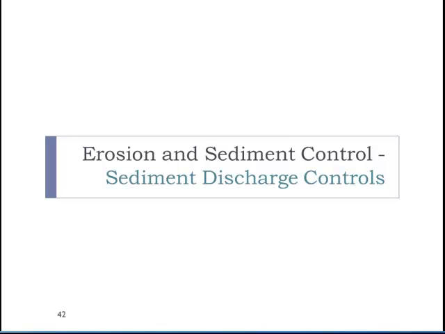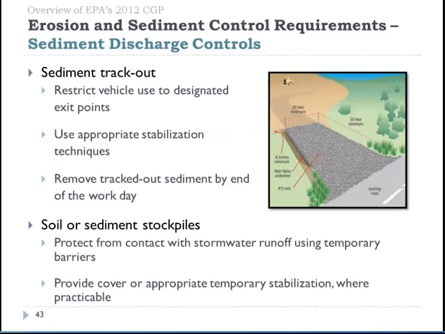But also in the C&D rule, the federal standards include a requirement to minimize sediment discharge as well as to minimize erosion on the site. So there are a set of requirements in the CGP that speak specifically to minimizing sediment discharges and minimizing erosion.